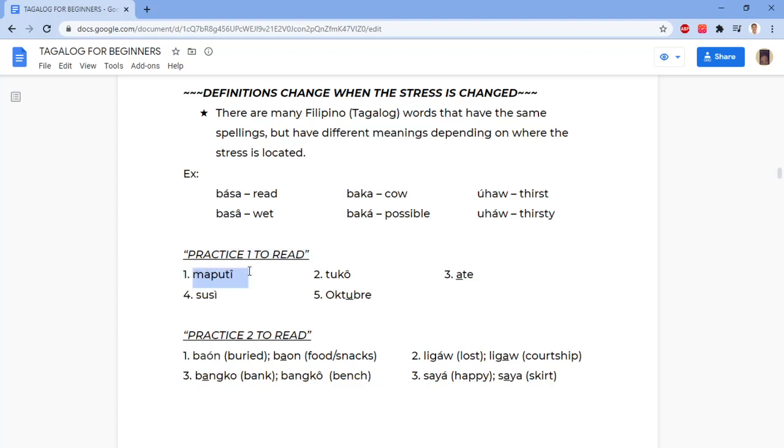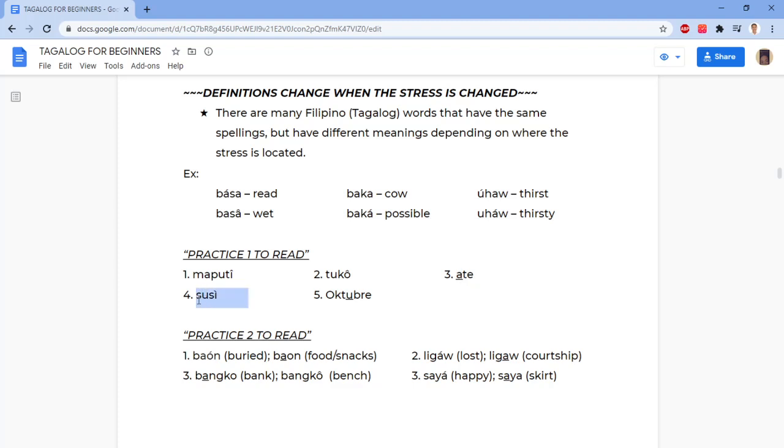Maputi, maputi. Toko, toko. Ate, ate. If you notice, this is actually the default syllable, the original word in the context of Tagalog. This is what we call default stress. Ate.